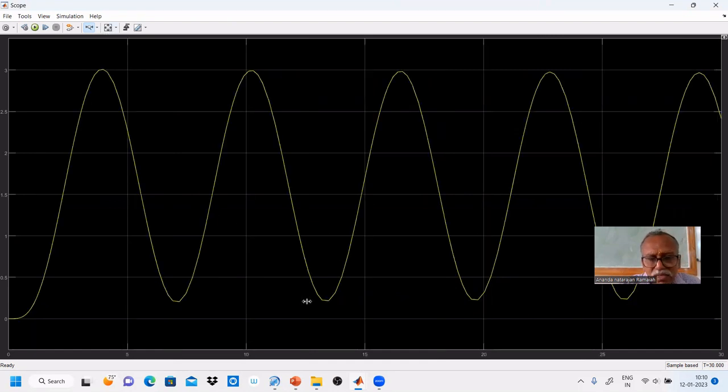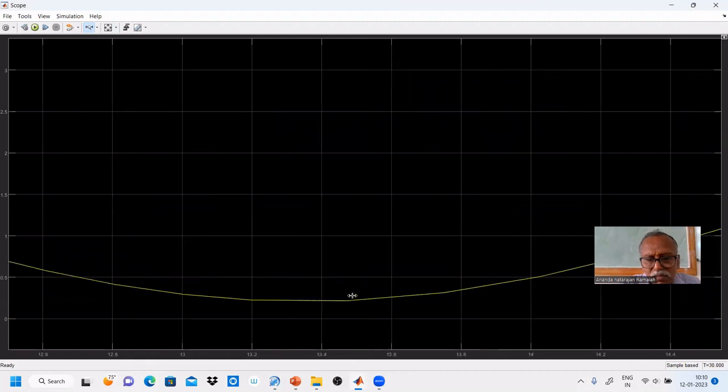Here, what is the value? The lowest value is 13.2. 13.2 minus 7.2, how much? Sorry, 6. 13 minus 7 is 6. So 6 is the TU. TU equal to 6 seconds.